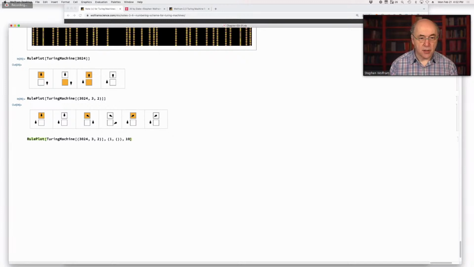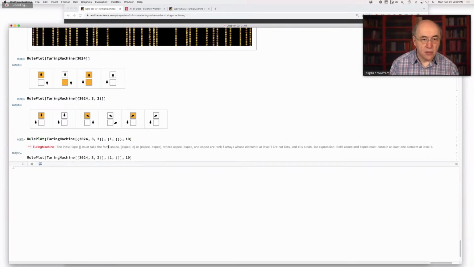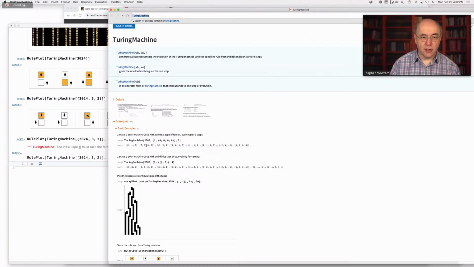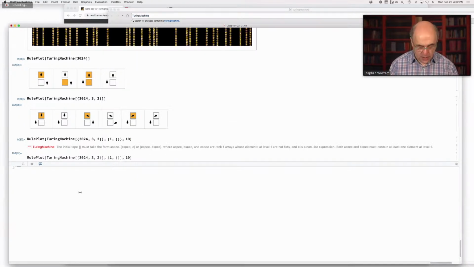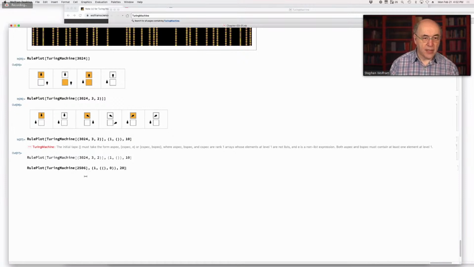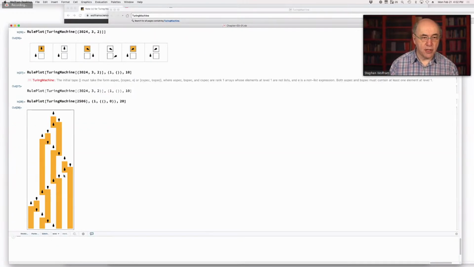Let's try that. Initial tape must be this. Okay, well, this is a read-the-documentation moment. Okay, Turing machine isn't quite as, here we go. So let's look at this. Let's pick that out of documentation. Okay, so here now we will have a very simple Turing machine, and that's it.